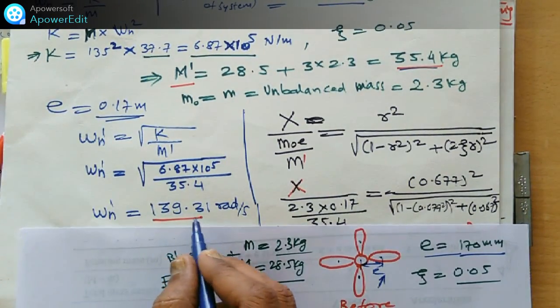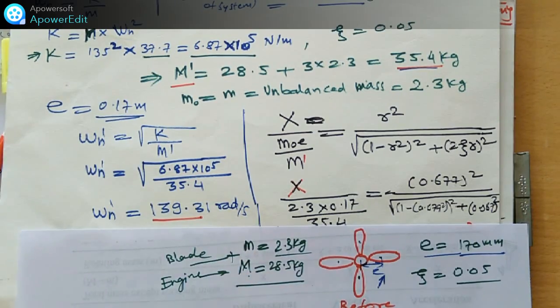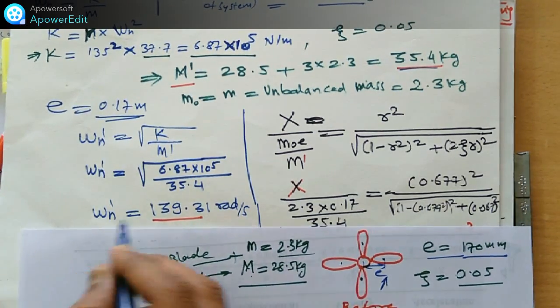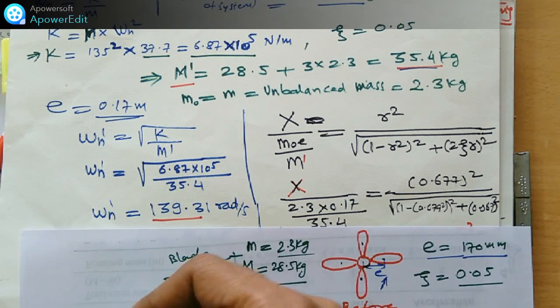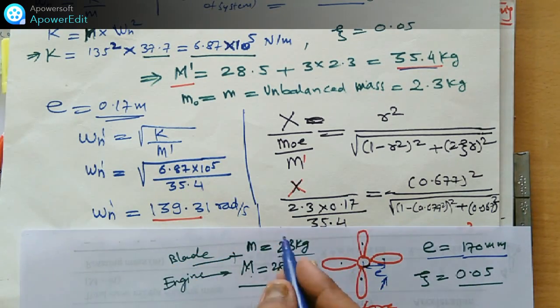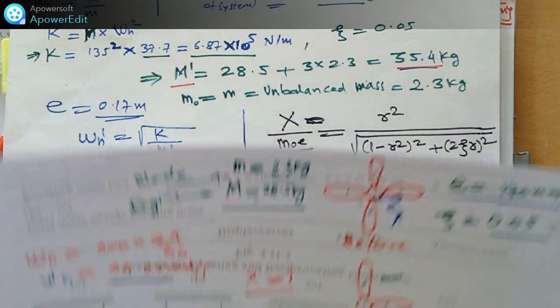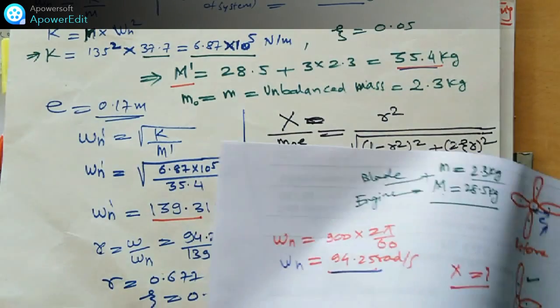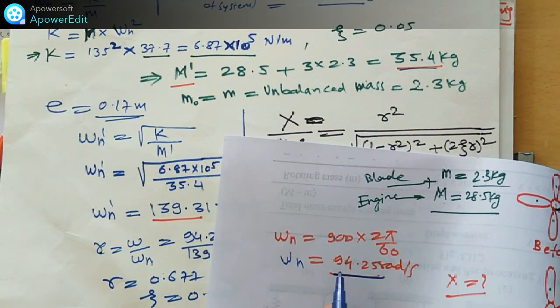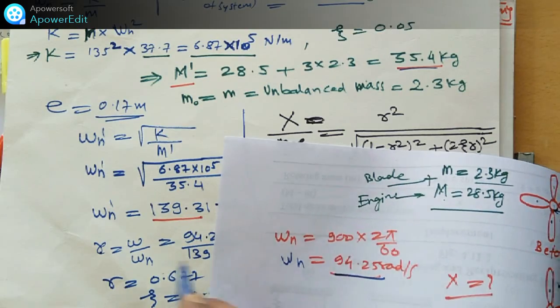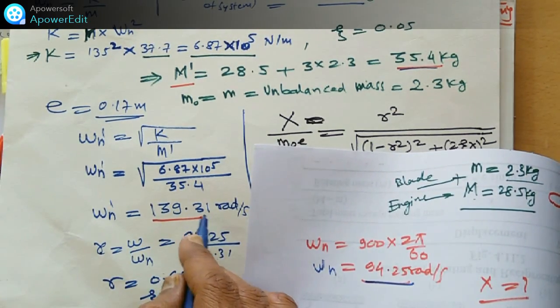When the blade is removed, the frequency increases. You can see the frequency is 94 with the 4 blades, and when one blade is removed it is 139.31. So that creates a higher increase in frequency.